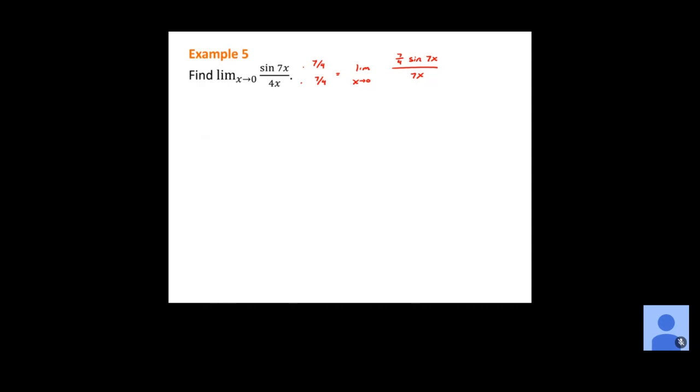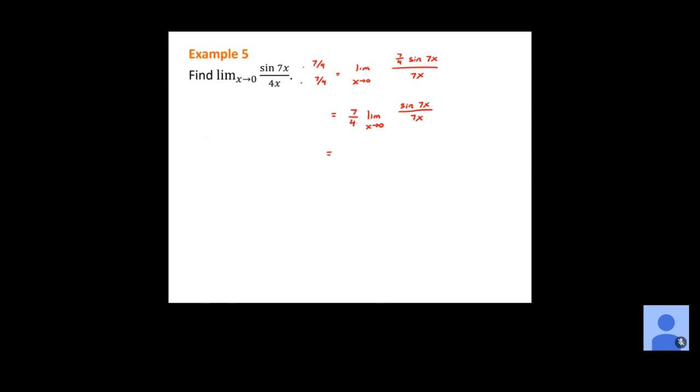Now, at that point, remember we have a property of limits that says if we have a coefficient, we can do what with it? Pull it out, right? So I'm going to rewrite this now. That's 7/4. I can bring it to the front. So we're going to have 7/4 times the limit as x approaches 0 of sine of 7x over 7x.